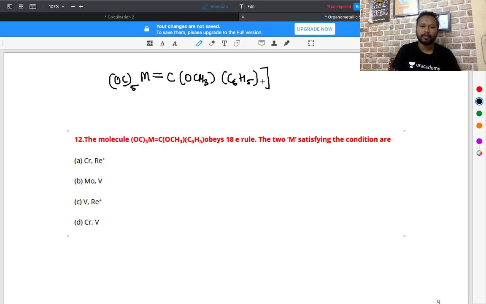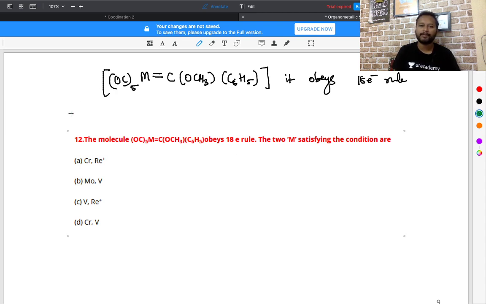Okay, this is the complex given to you, and it is given that it obeys the 18 electron rule. They are asking which metal will be here which will satisfy this 18 electron rule condition.